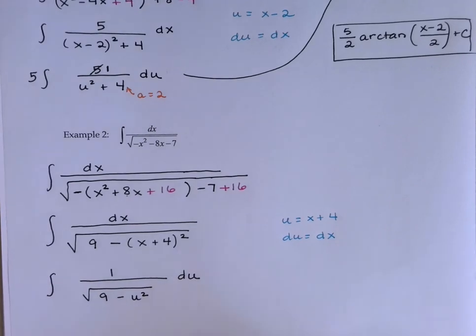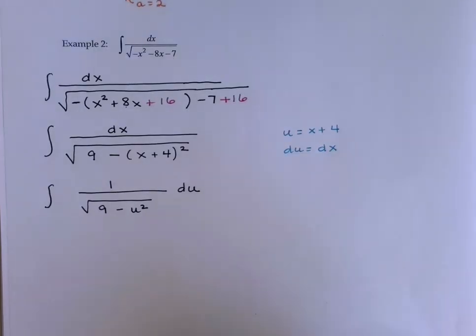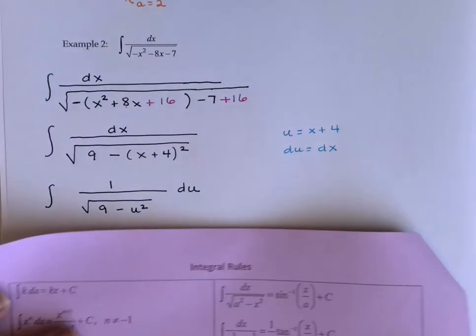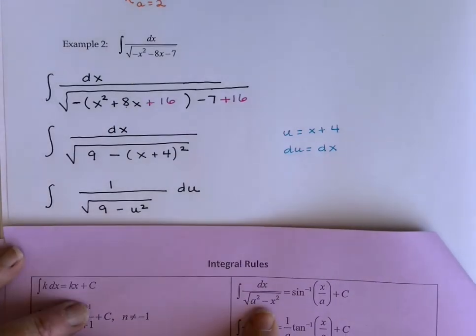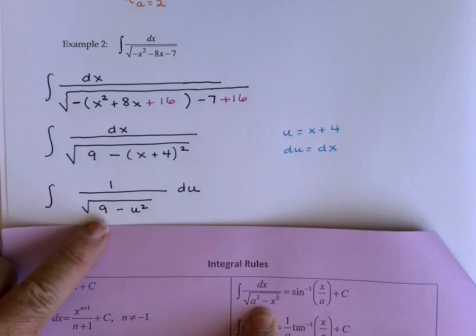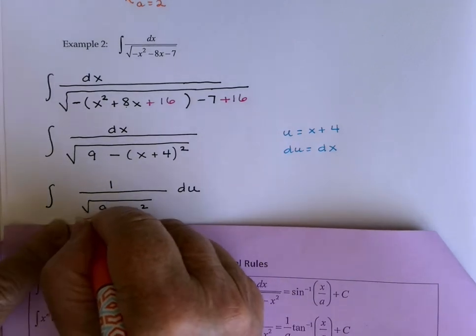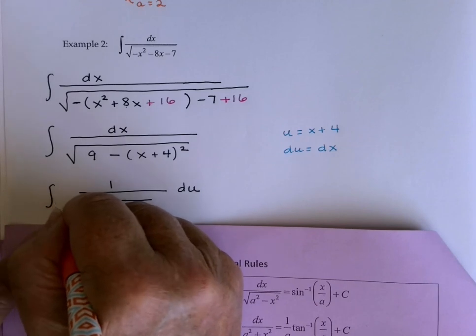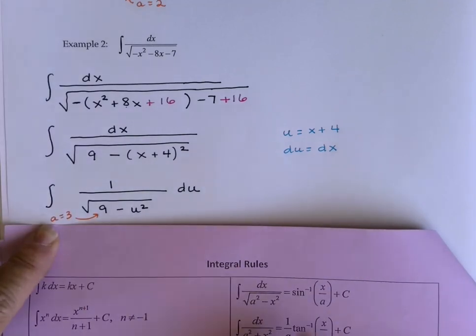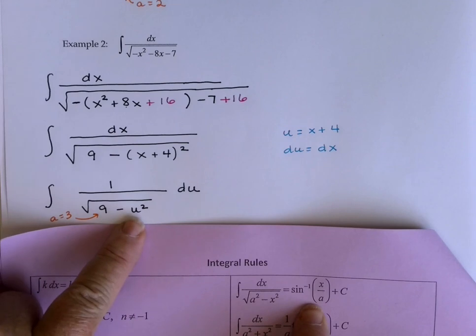And that, again, looks a little familiar to me. It looks just like this one, right? The a would be 3 here, since a squared is 9. And our x would actually become u.